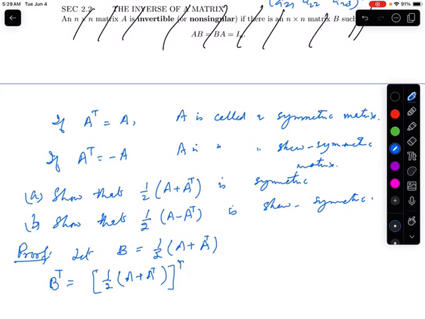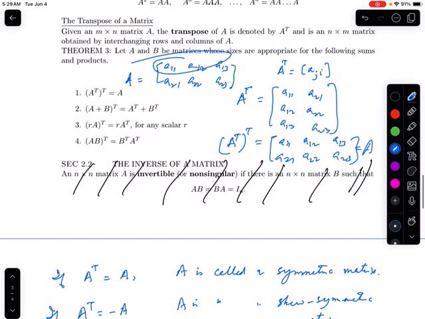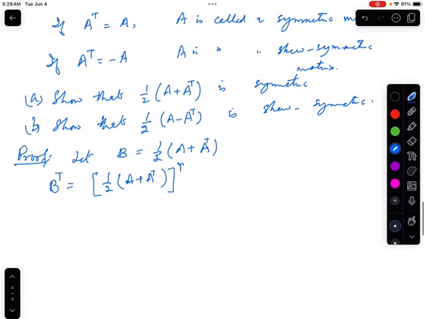And from the properties of transpose, remember when we had r, the transpose of r times a matrix is the same thing as r times the transpose of the matrix. So this 1/2 we can pull out, and we are left with 1/2 times (A plus A transpose) whole transpose.